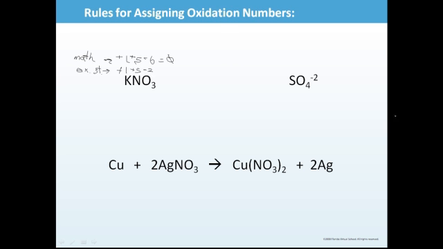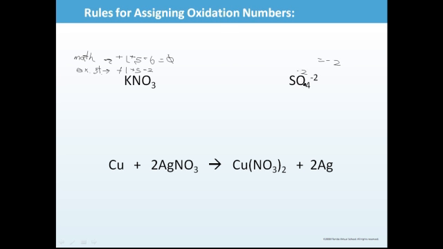Now over on this other one here, SO4 minus 2. Here we have an ion charge. So instead of our algebraic sum equaling 0, in this case our algebraic sum needs to equal minus 2. So again, oxygen, it's going to be minus 2. It's not a peroxide.